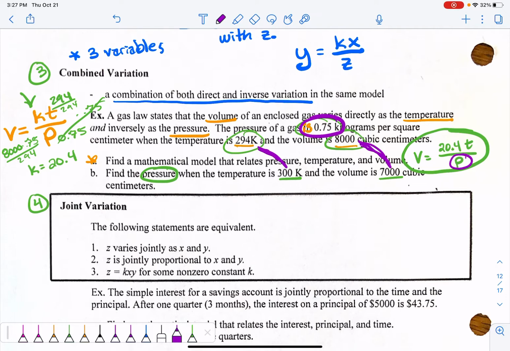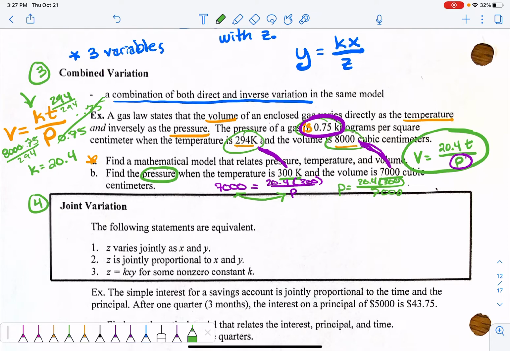So to find pressure, we're saying volume is 7,000 equals 20.4 times 300 all over P. And I don't know if you remember from doing this before, but 7,000 and the P can switch places with each other. So P is equal to 20.4 times 300 over 7,000. And 20.4 times 300 divided by 7,000.